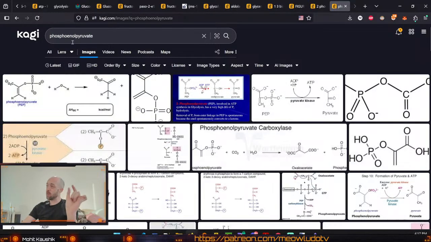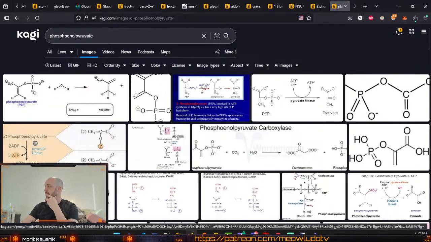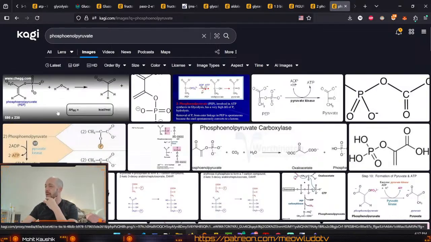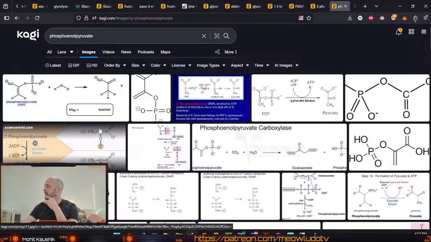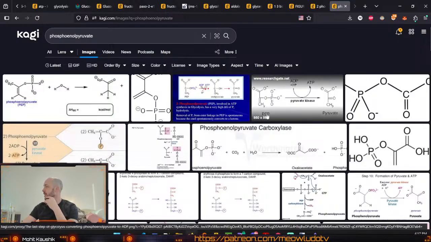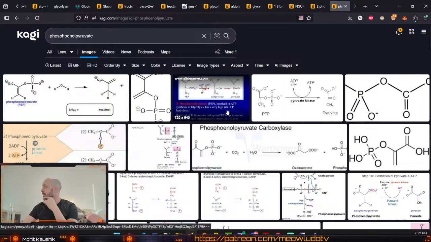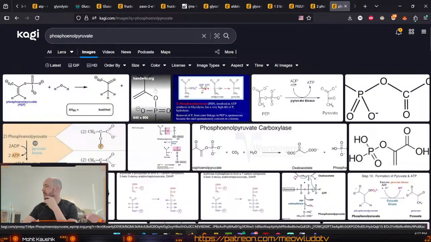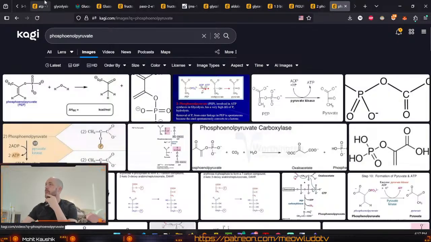Now the final molecule will be pyruvate. Phosphoenol pyruvate, PEP. We actually want to see the step before this. In fact, we can go back to this one.